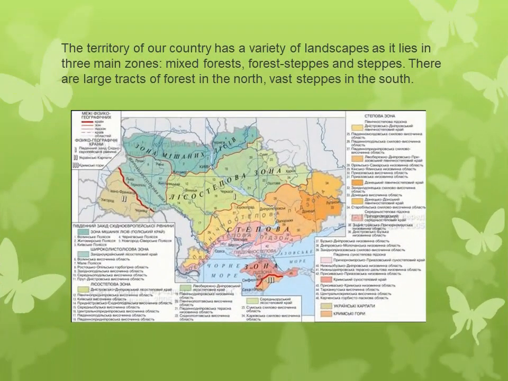The territory of our country has a variety of landscapes as it lies in three main zones: mixed forests, forest steppes, and steppes. There are large tracts of forest in the north, vast steppes in the south.